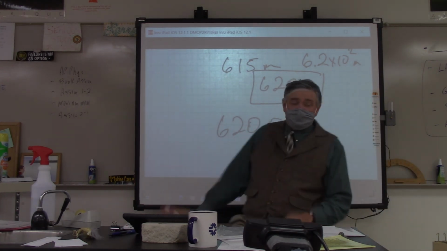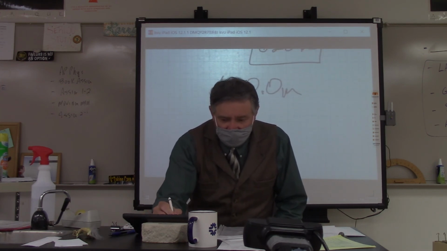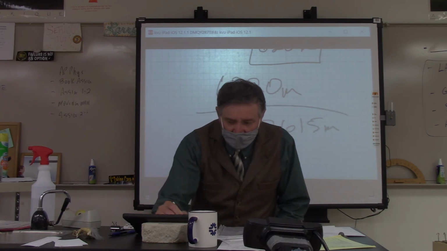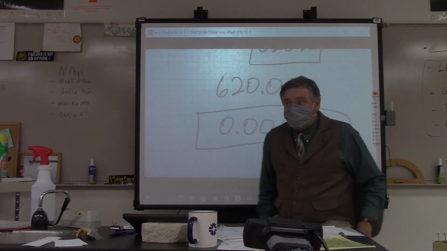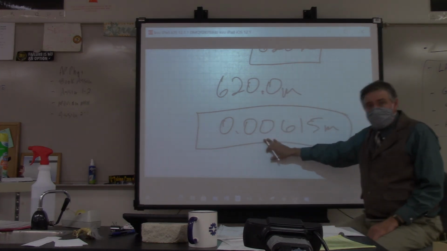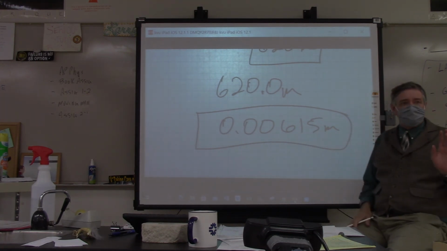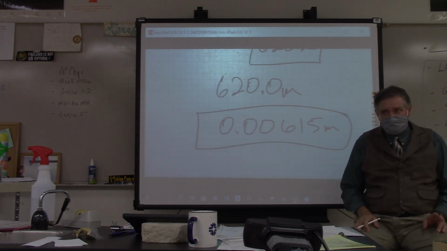Now, let's clarify one thing. Let's say that you did this, and your calculator says the answer is 0.615 meters. Let's say you have a really small number, and this is what your calculator says the answer is. If you write this, how many significant digits does this have?